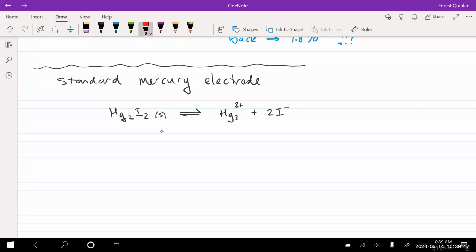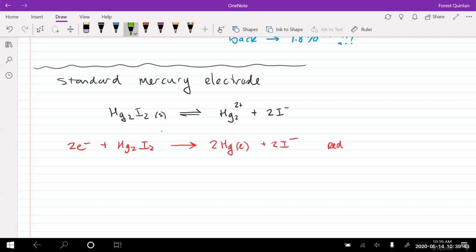All right, so what I'm going to do here is take my Hg2I2 and pump in 2 electrons and break it apart into 2 mercuries and 2 I minuses. That, of course, is the reduction side.